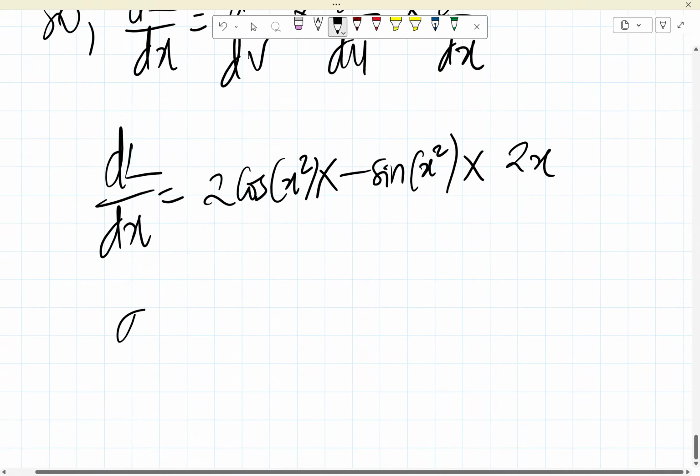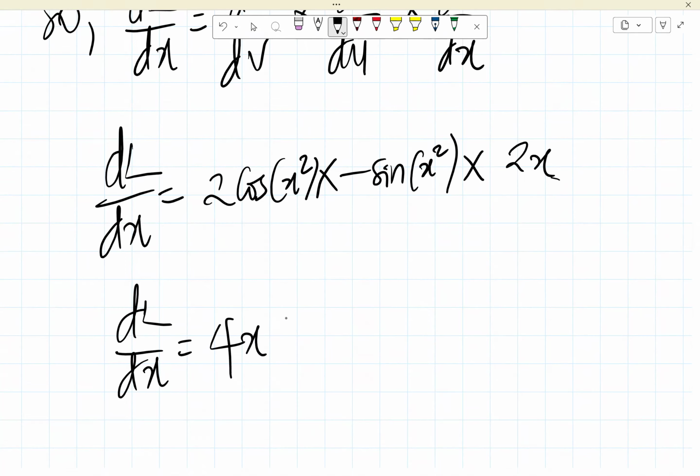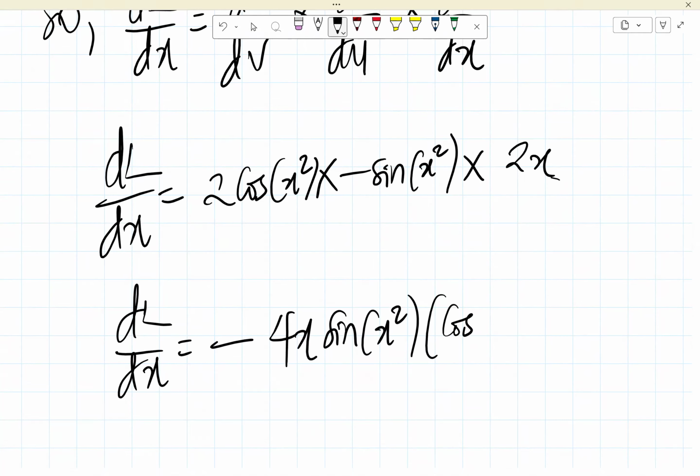So dL/dx is equal to 2 times 2x, that is 4x. Of course, there's a minus out here, so we have minus 4x sine x squared cos x squared. But I think we can do some trigonometric stuff still.